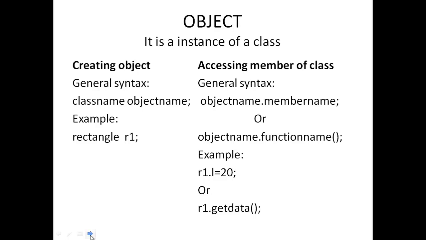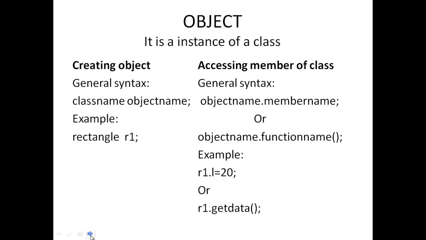And then, what is an object? An object is an instance of a class. That means it is a runtime entity or real entity. When we first create a class, it is nothing but a structure: what data members are used, what member functions are used, how we put the values.